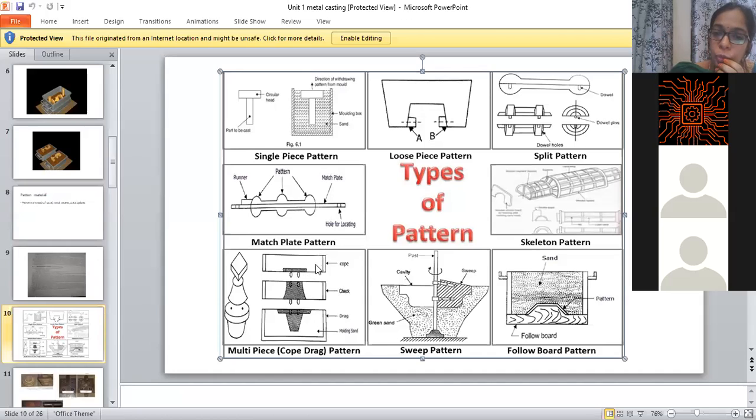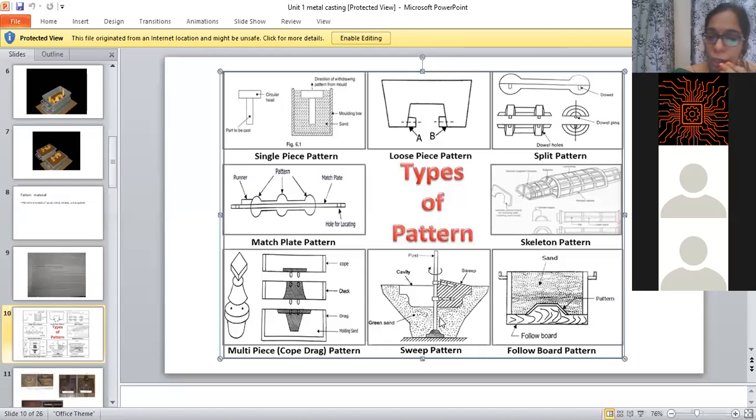In your college, you were using only two flasks, cope and drag. If you have three parts, intermediate flasks, they will also have the third part called cheek. Here you will have two different pieces, cope and drag, and to that you will have the runner, riser, all those sections assembled. You will just put the pieces in the flask and pour the sand.